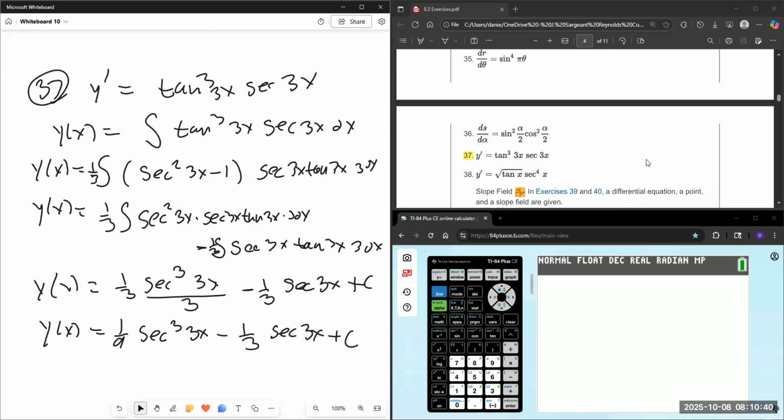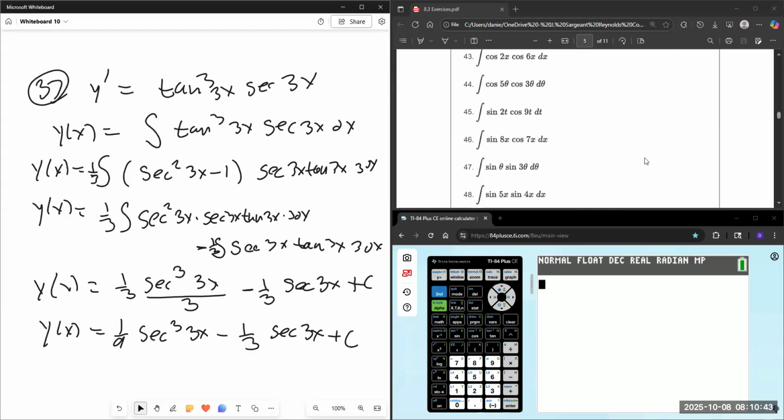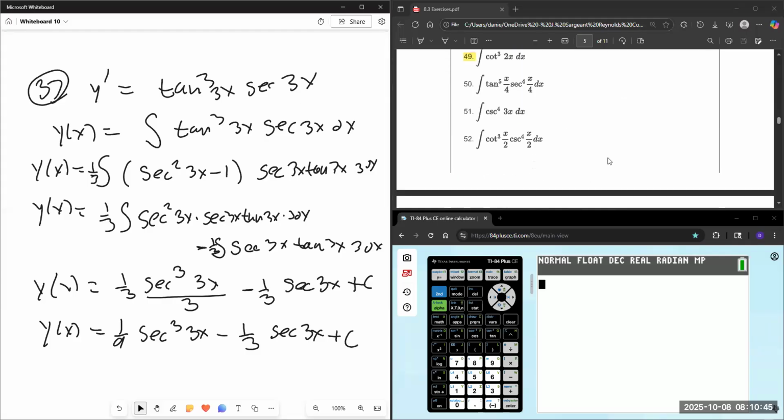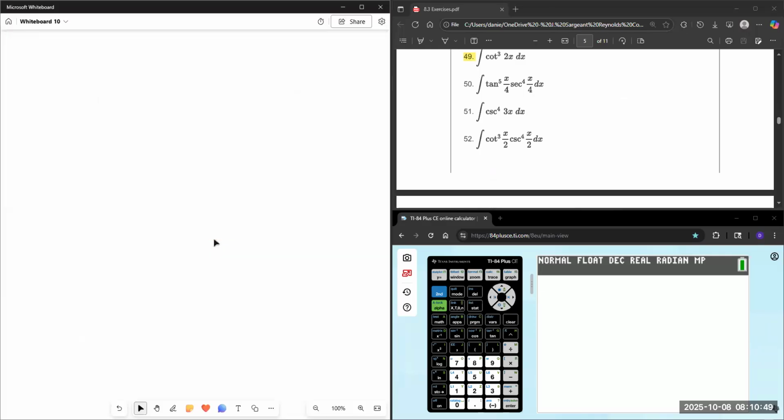All right, let's look at 49. There it is. Cotangent cubed 2x dx.